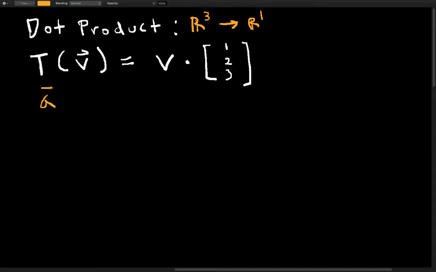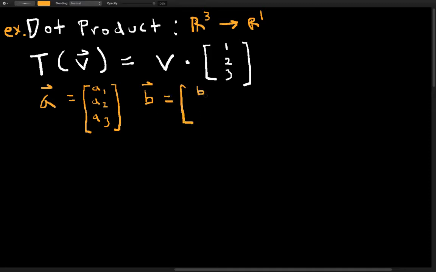A is equal to (A1, A2, A3), and B is equal to (B1, B2, B3).